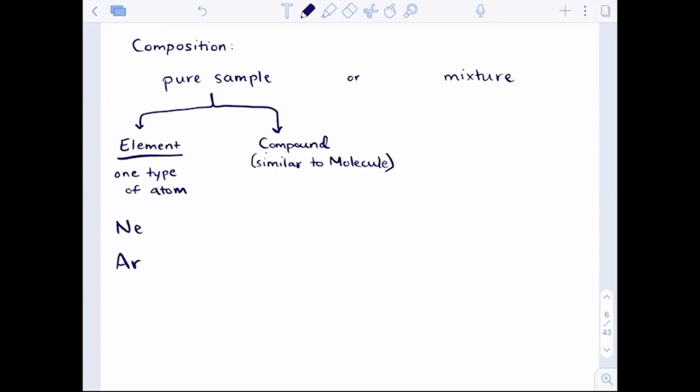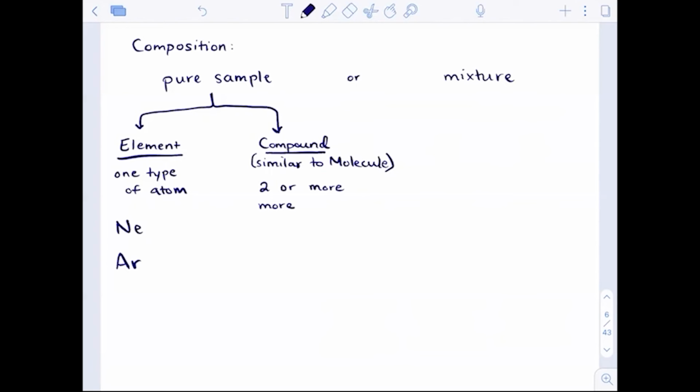Now with a compound, think about that as being the definition of a molecule, 2 or more atoms. So I'm going to write that, 2 or more atoms bonded together. We still only have one molecule or one compound in our sample.